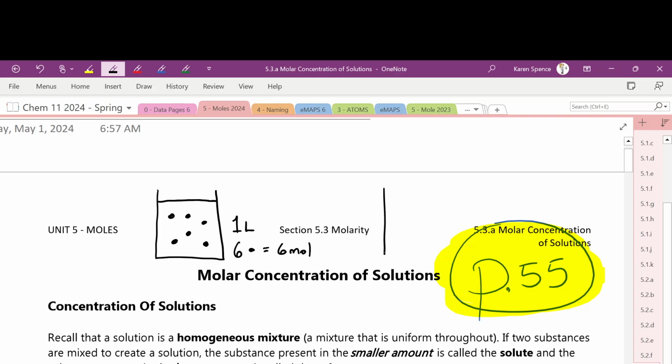Okay, and we have another beaker over here. And we have 3 dots, which represents 3 moles. Which of these two is more concentrated and which one is more dilute?